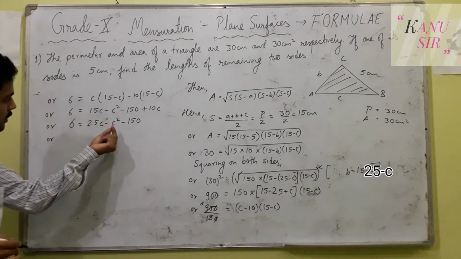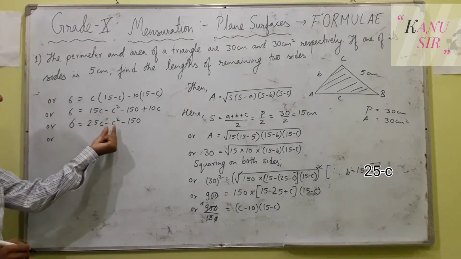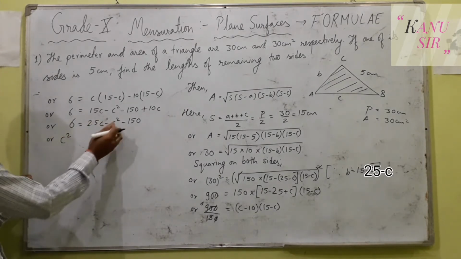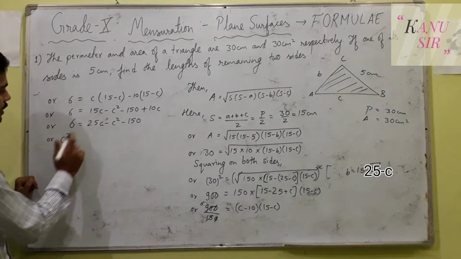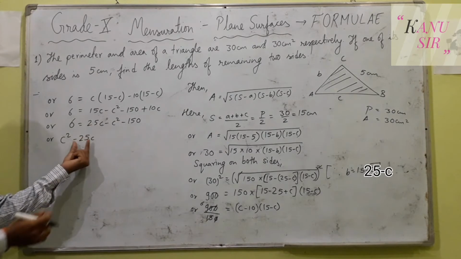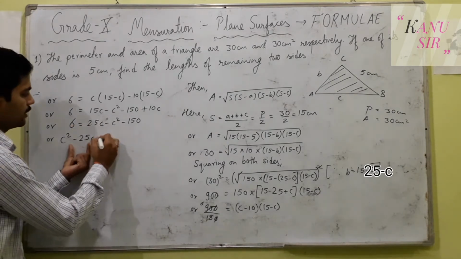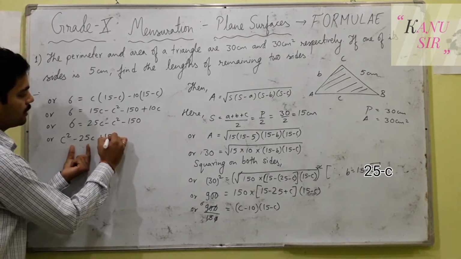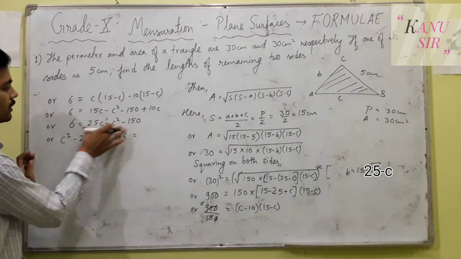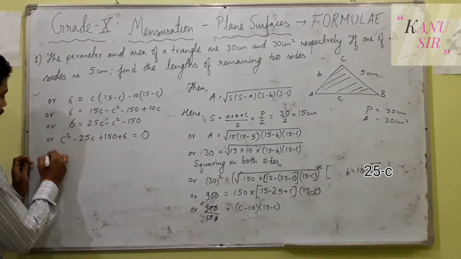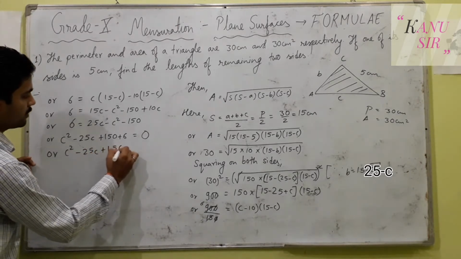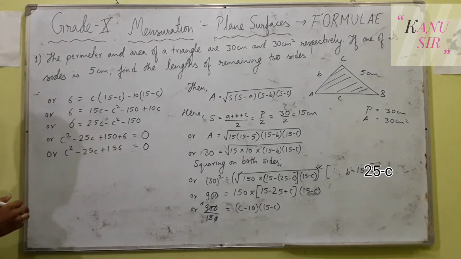You can see the square of C is in minus form, so better to keep it on the left hand side of the equation. Then you write plus C square when it comes to the left hand side, and minus 25C, plus 25 gets to minus when it comes to the left hand side. Minus 150 becomes plus 150, and 6 is in the same place, so plus 6 is equal to, nothing is left here, so you write 0. Or C square minus 25C plus 156 equals 0.